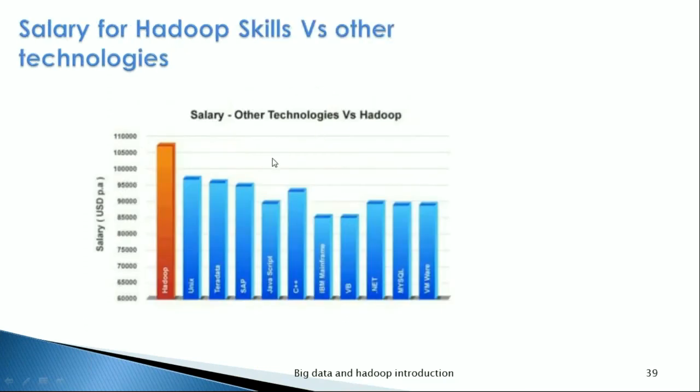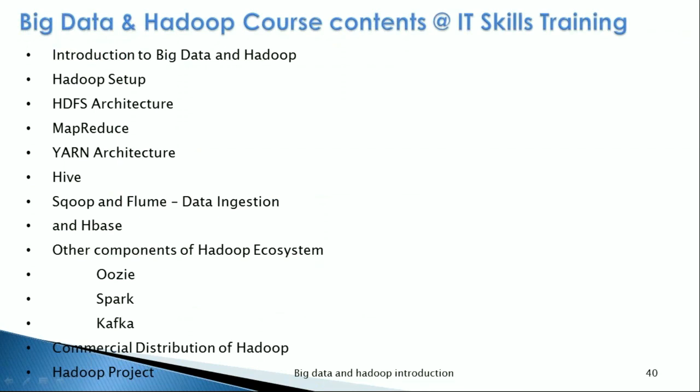On salary levels, if you see the current trend, the most wanted technologies are SAP, Hadoop and other web-based technologies, and Hadoop is leading the pack with roughly 100,000 USD per annum for somebody with Hadoop skills, exceeding even SAP and Unix. So it pays well to learn Hadoop and master it.